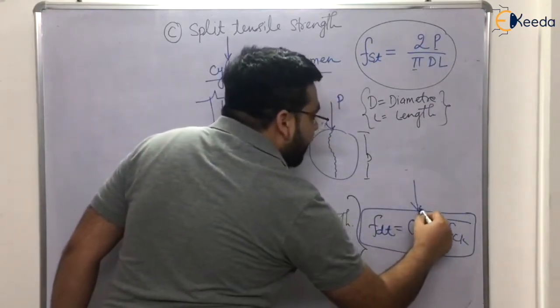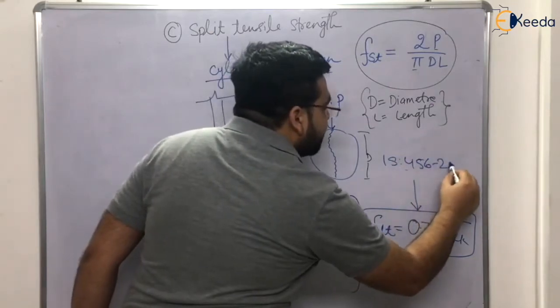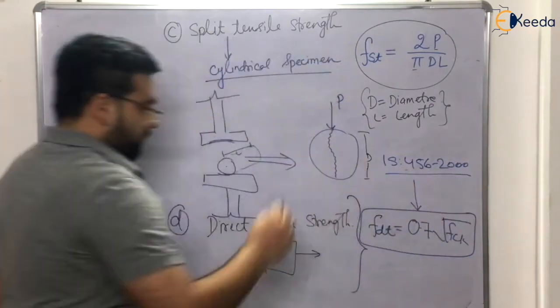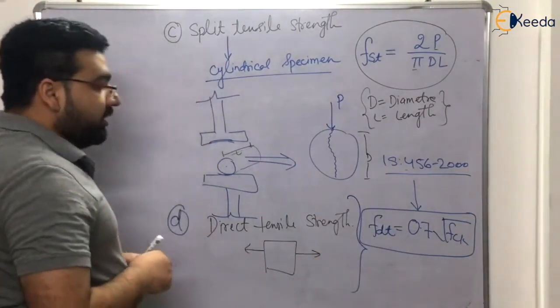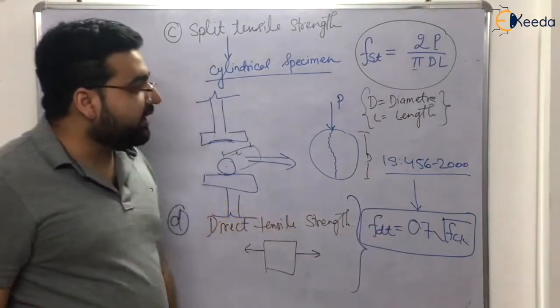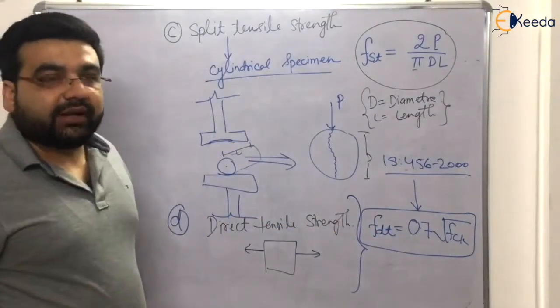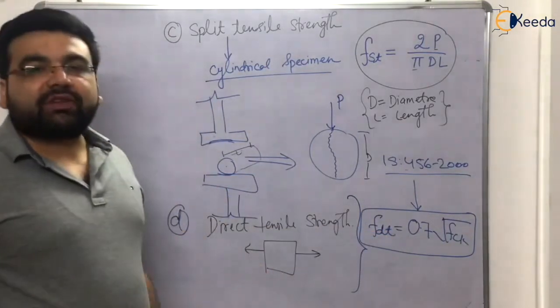So this formula has been given by IS 456-2000. Note it down, remember it, and never forget it in this life, because this formula is being used a lot of times.